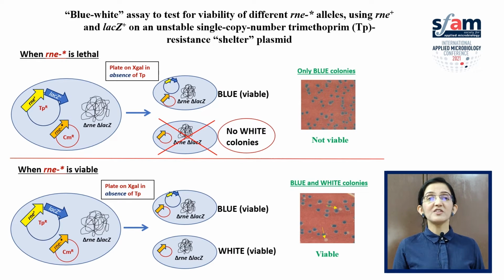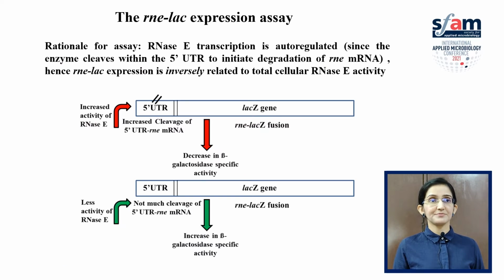Using this assay, different RNase Z truncation variants were examined, and all the rnz truncation derivatives, including 395 delta, are able to confer viability. These truncation variants were further studied using the rnz-lac assay. The rationale for this assay is that rnz transcription is autoregulated, since RNase Z cleaves within its own 5' untranslated region to initiate degradation of rnz mRNA. Hence, rnz-lac expression is inversely related to the total cellular RNase Z activity.